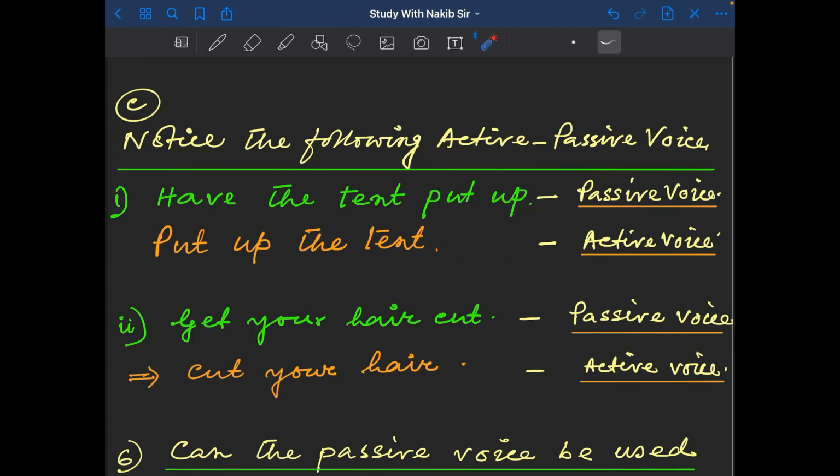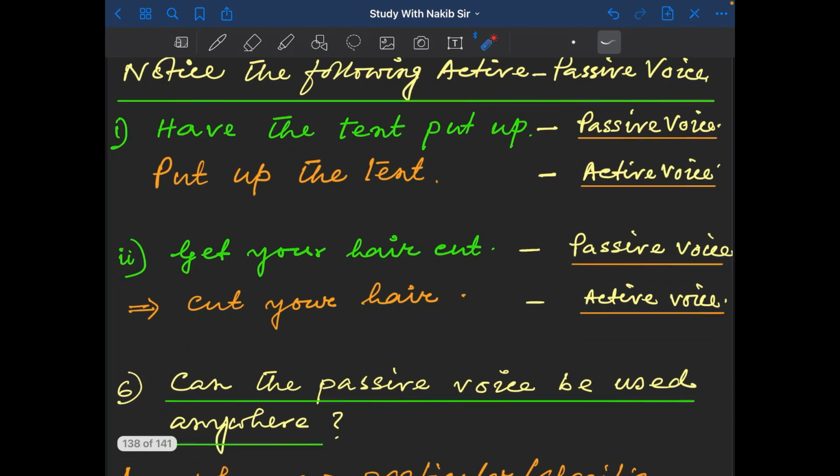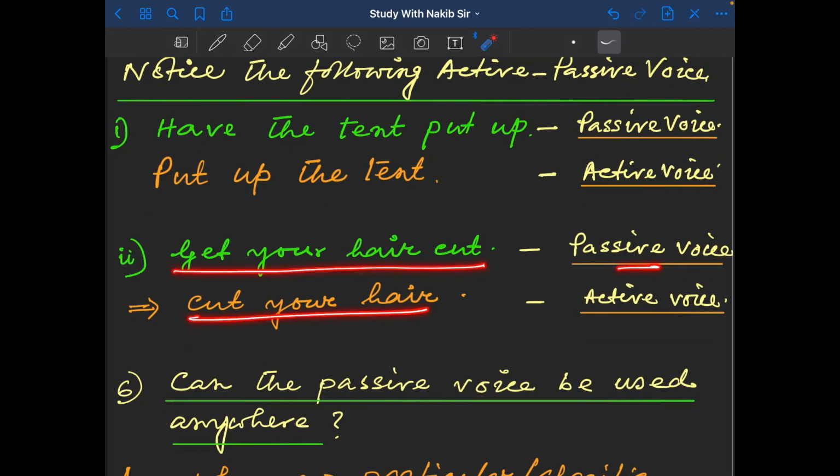Remember this. This type of sentence begins with either have or get. Have the tent put up, passive voice, and its active form is put up the tent, active voice. And see this one, get your hair cut, passive voice, cut your hair. This is the active voice.